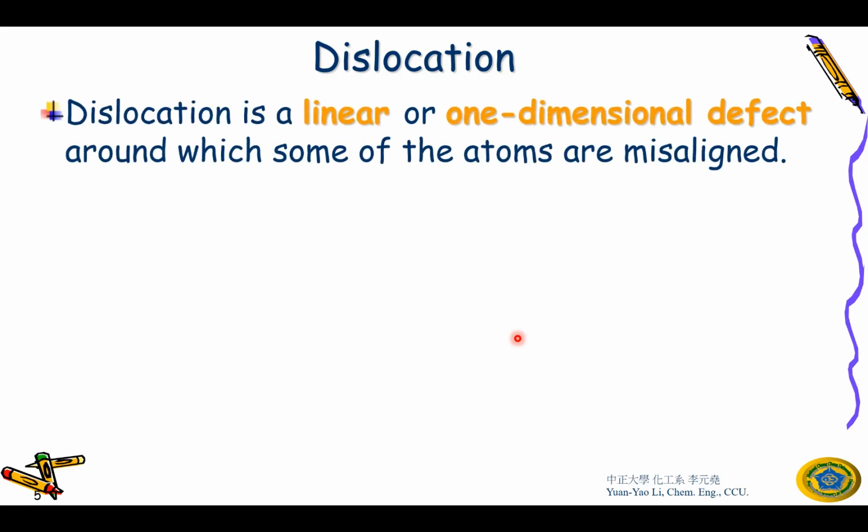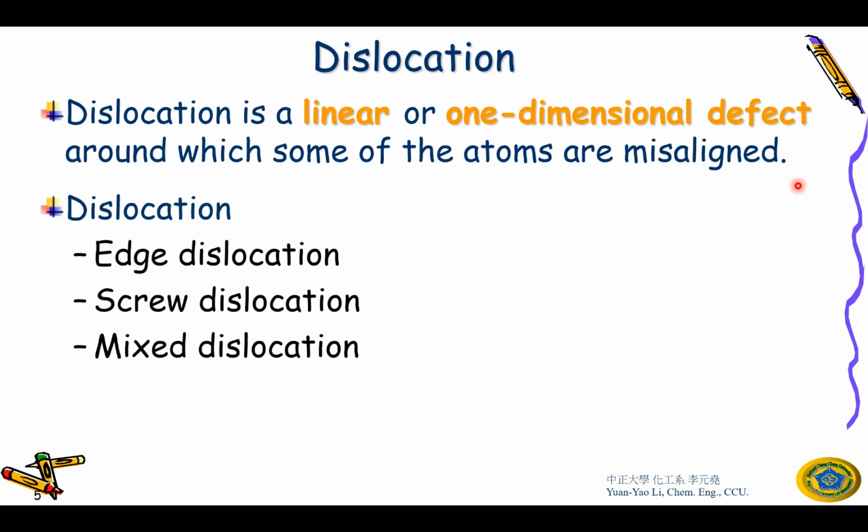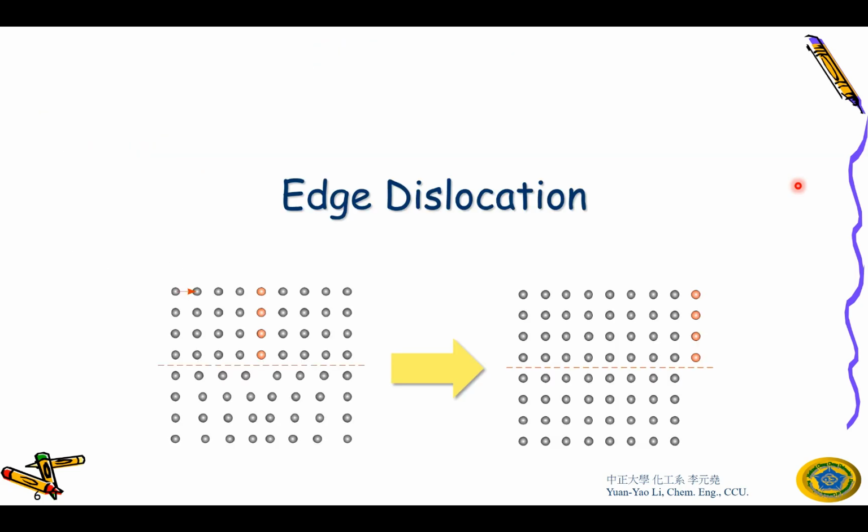So dislocation is a linear or one-dimensional defect around which some of the atoms are misaligned. There are three types of dislocation: first edge dislocation, second screw dislocation, third mixed dislocation. Let's talk about edge dislocation first.